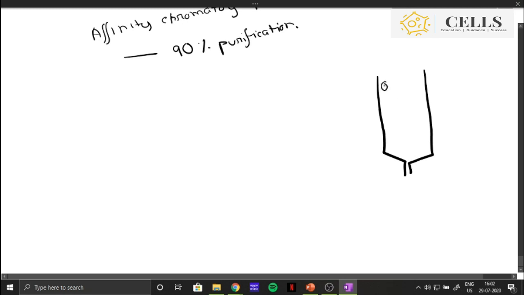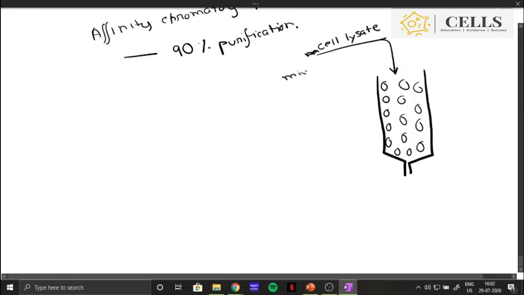It contains beads inside it. Now the supernatant from above contains the cell lysate, or in a more generalized term, a mixture of macromolecules. Here it is protein, it can also be DNA or RNA, but here we are focusing on proteins.